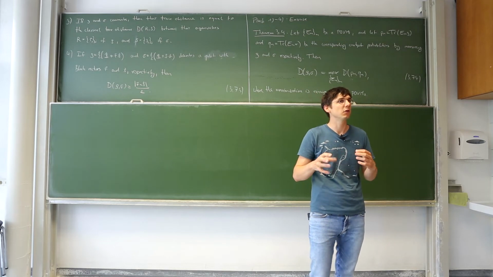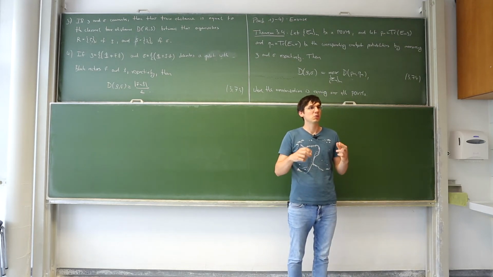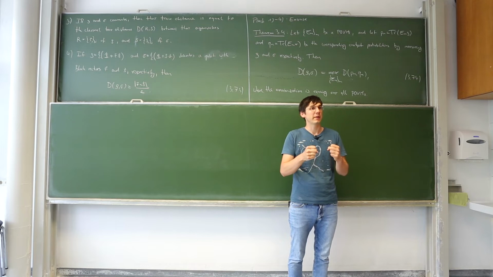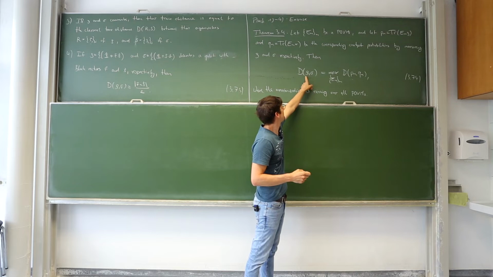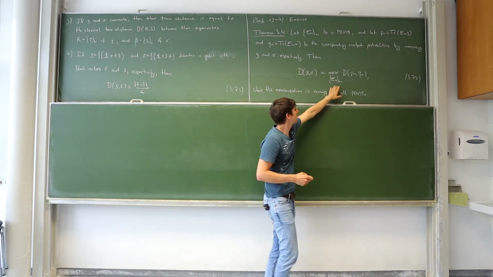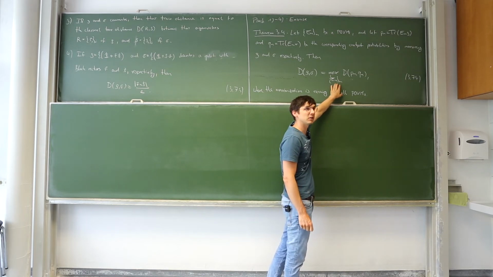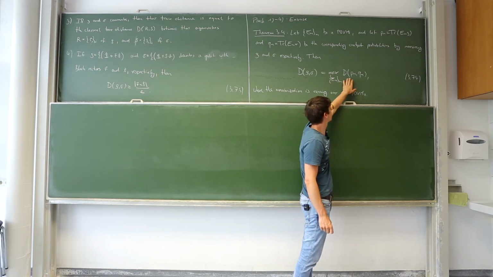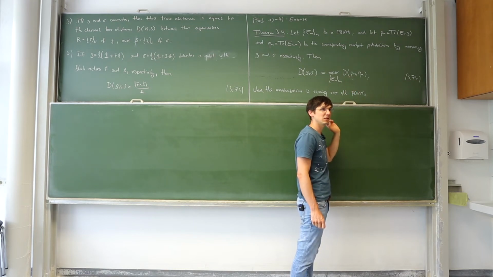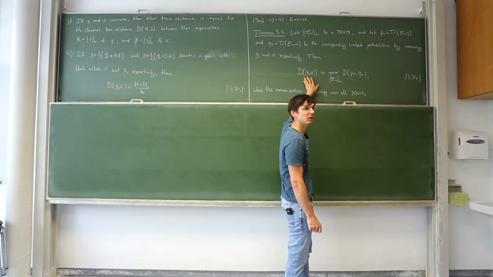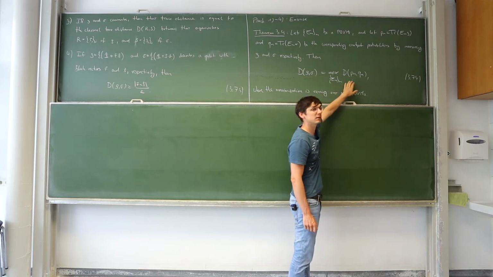There's only very little noise in this channel, meaning that rho and rho prime are very close together, right? Meaning that this distance is very small. And then what this tells us is that no matter which measurement we do, any measurement will lead to probability distributions which are also very similar. Okay? So if the left-hand side is small, then the right-hand side must also be small.